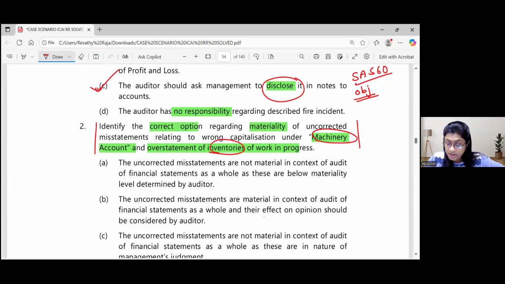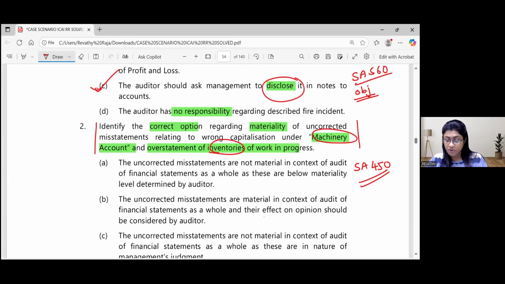Which SA came to your mind, guys? Uncorrected misstatement. Very good. It is SA 450, evaluation of misstatement. If it is a trivial misstatement, trivial means immaterial, you will leave it. However, if it is material, you will communicate and ask to correct. If they don't correct it, you will modify. You remember SA 450?